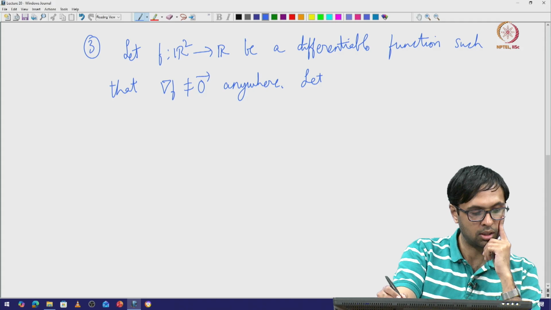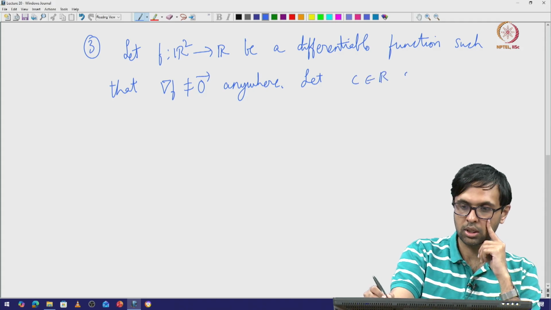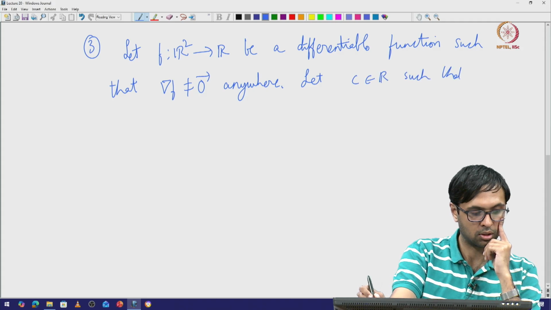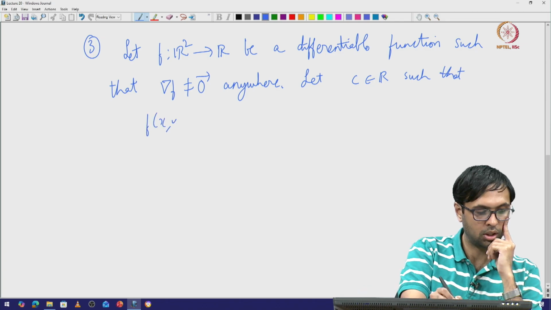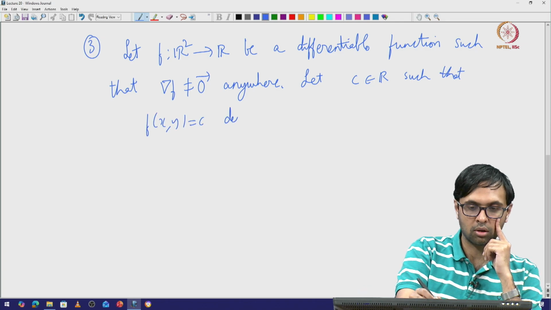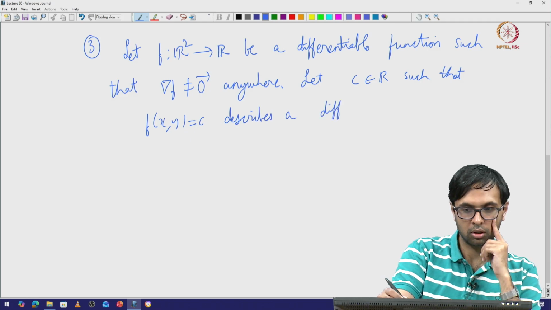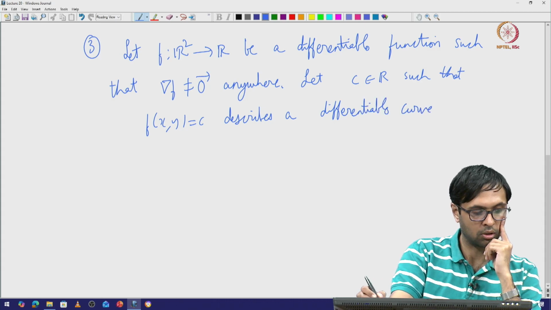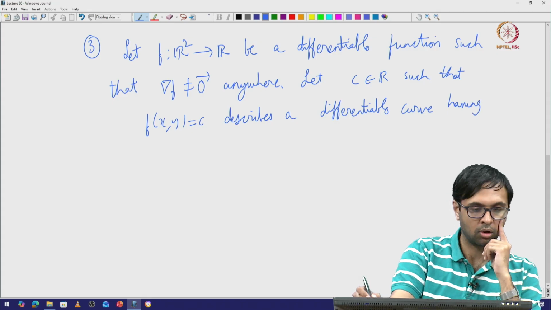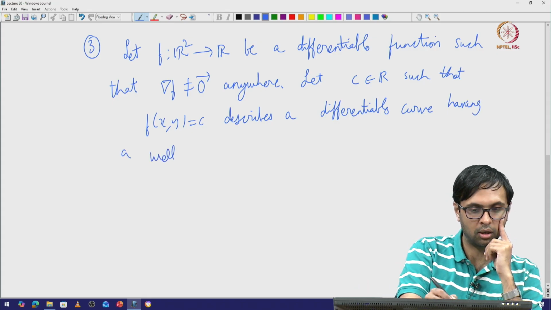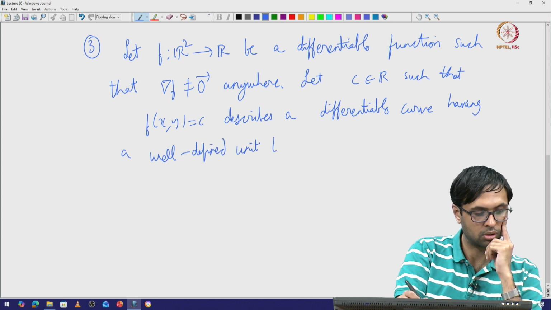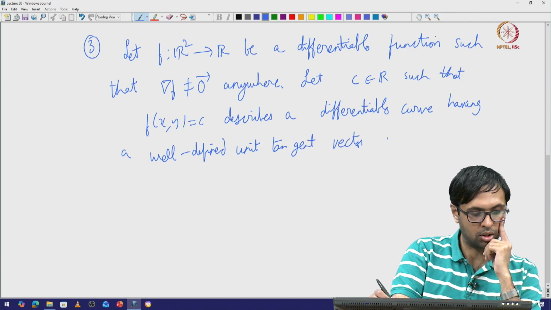Let c be a constant such that f of x comma y equals c describes a differentiable curve having a well-defined unit tangent vector at each point.